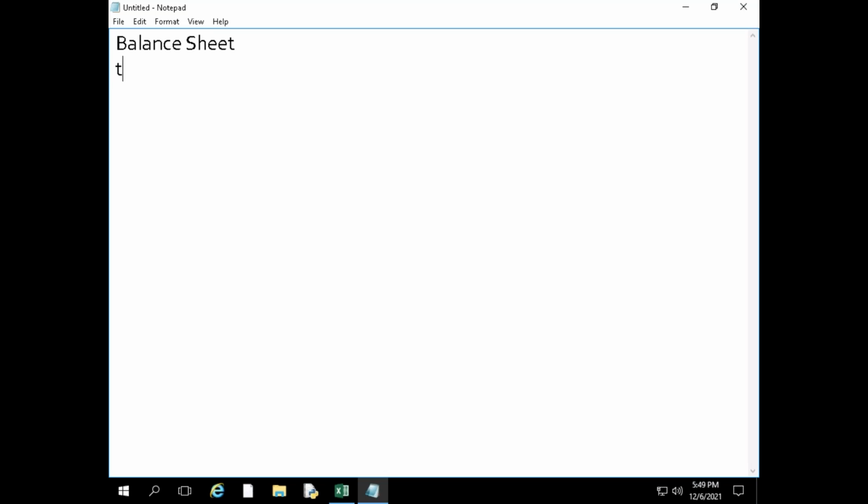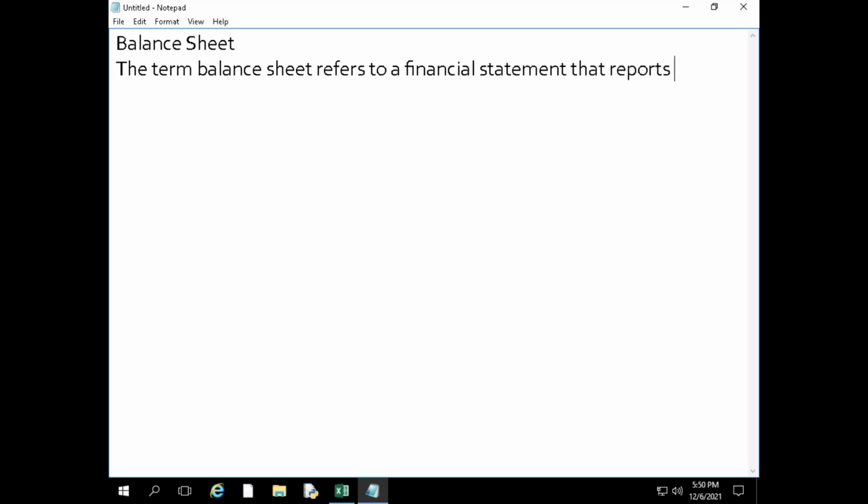The term balance sheet refers to your finances and reports assets and liabilities.